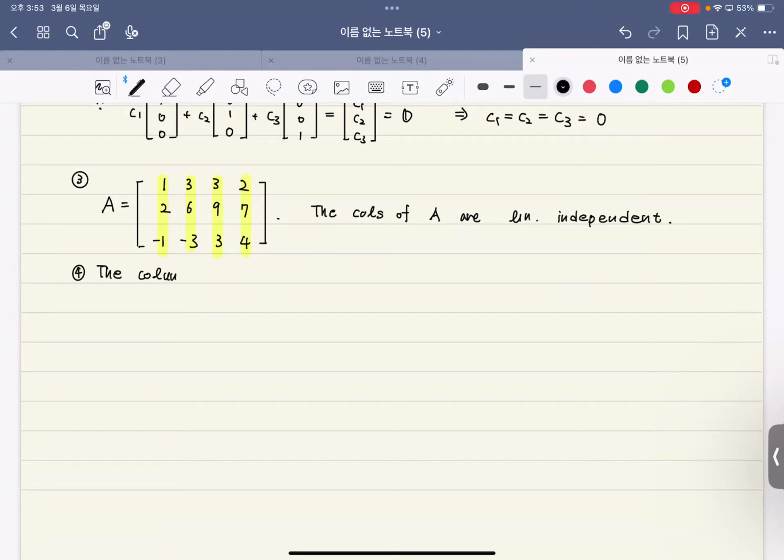From the easiest case: suppose that you want to find the linear dependence or independence of the columns of some matrix. But this time around, suppose that my matrix is a square matrix and an upper triangular matrix.